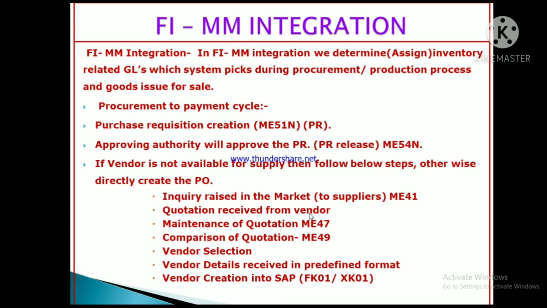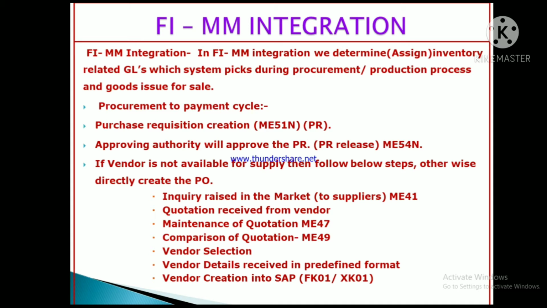After approving, the approving authority will approve the PR and release the PR by the T code ME54N. I have mentioned here also, ME54N is the T code by which we release the PR. PR means purchase requisition, which we have created in ME51N.